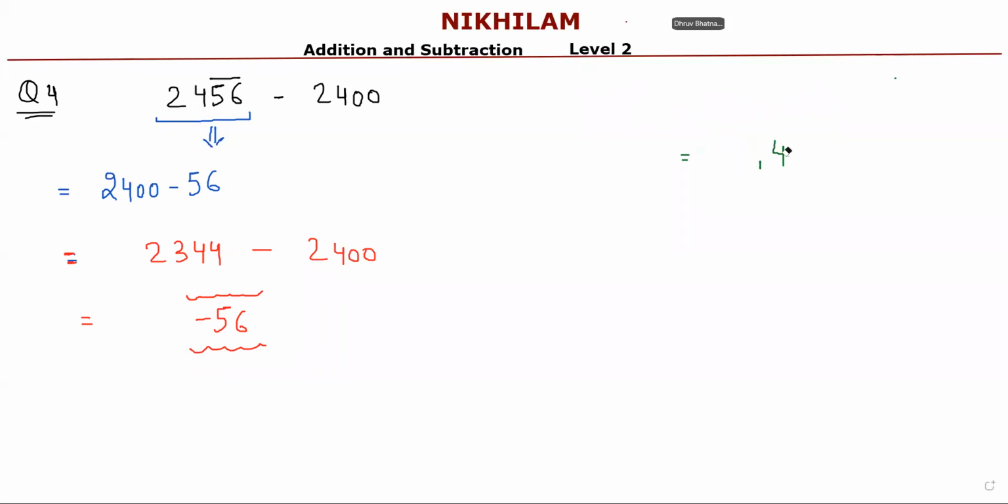Now let's do some small 2-digit calculations for now. For example, you have to do 15 minus 7 bar plus 3 bar plus 20 bar. So you will say that, sir, this 15 will remain the same, minus 7 bar.